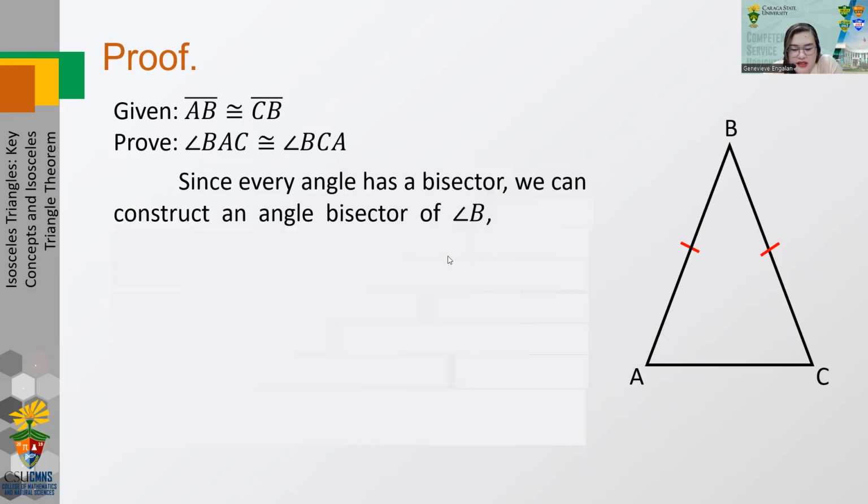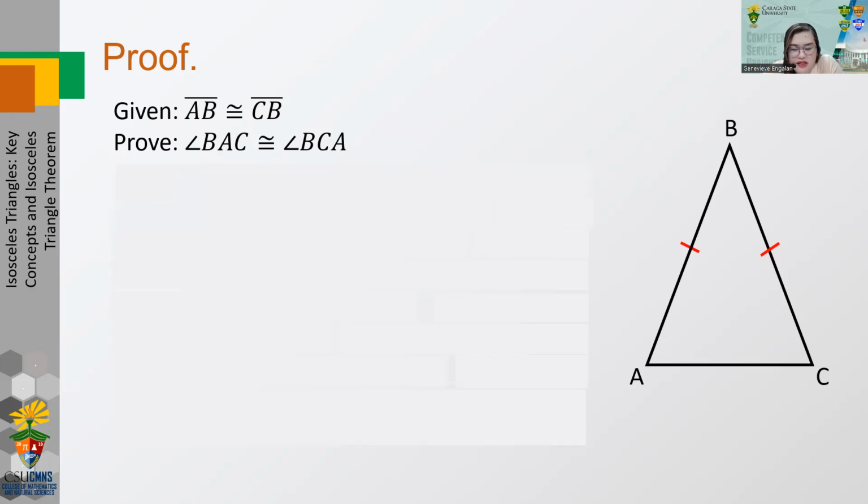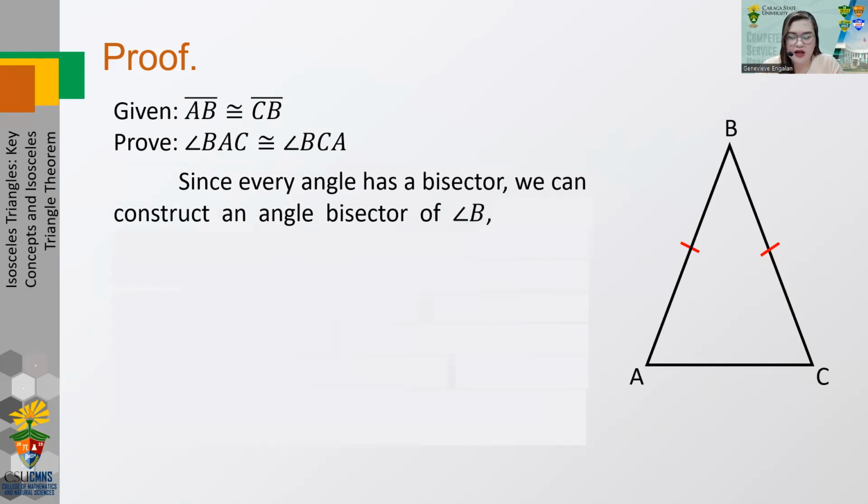Okay, so ang akong gamiton is ang kadtong previous nga lesson, no? So we have concepts on angle bisector. So every angle has a bisector. So we can construct an angle bisector of B. So kung ato ni siyang i-bisect, pwede na to gamiton.